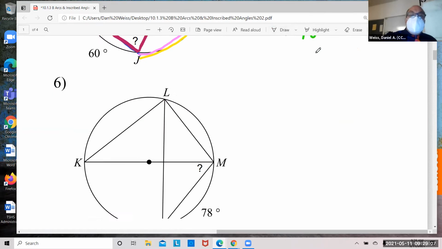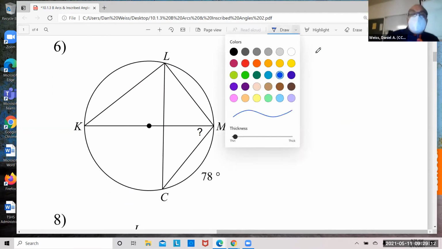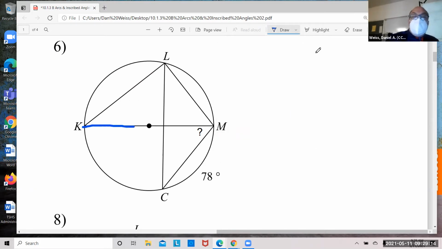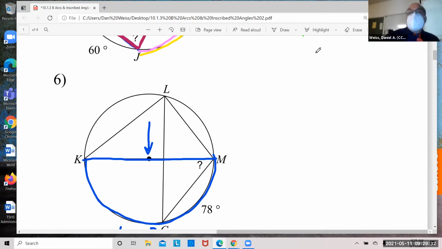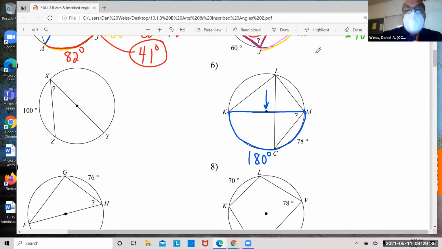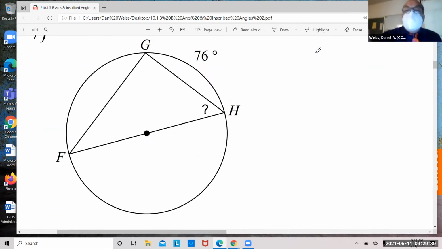So on your assignment today, I need you to look, all right? If you ever have this situation, this here is 180 degrees if it goes through the center. See how this segment goes through the center? That makes this blue thing 180. Okay. See again?